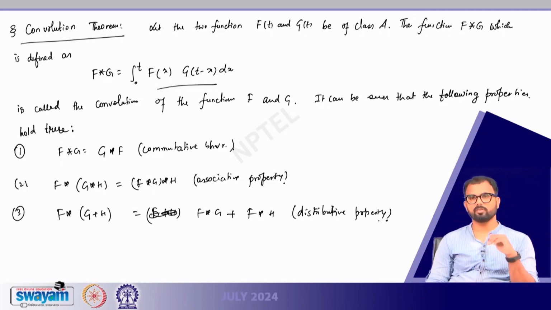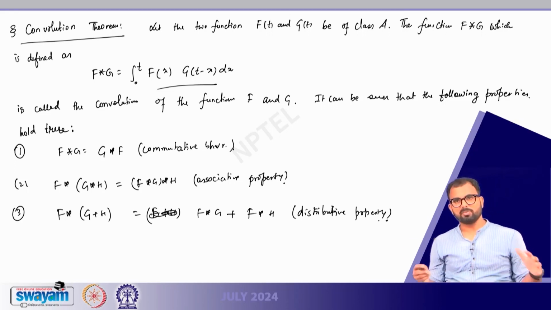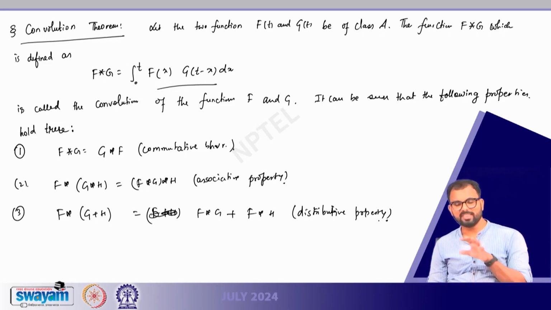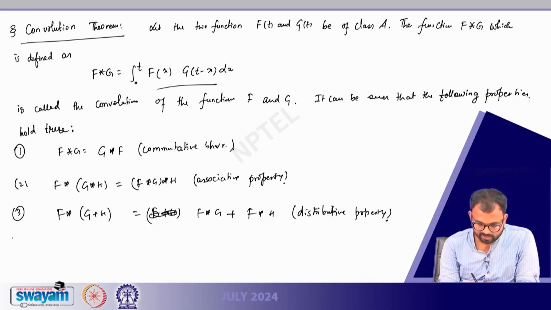Why are we learning about convolution? So, convolution is a very big chapter, especially if you study partial differential equations and all. There you will find out that convolution is quite a big chapter and you have to cover many topics. Here we are just giving the definition and three basic properties, right, that it is commutative, associative and distributive. So, if that happens, then there is a little theorem.